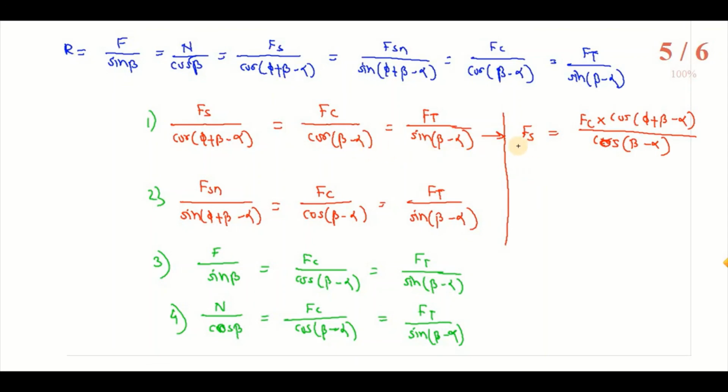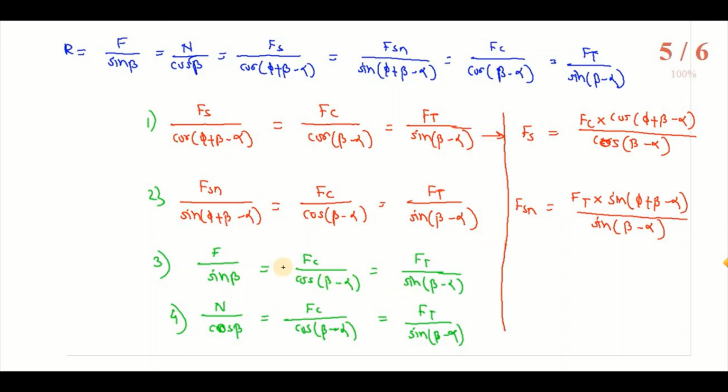So here we can find out Fs. Same for the Fsn. If Fc or Ft is given, suppose we know Ft as measured, then we can write Ft into sin(phi plus beta minus alpha) upon sin(beta minus alpha). So we can find out here.